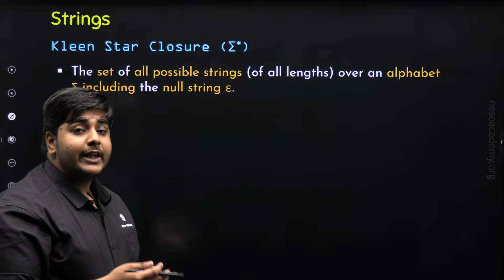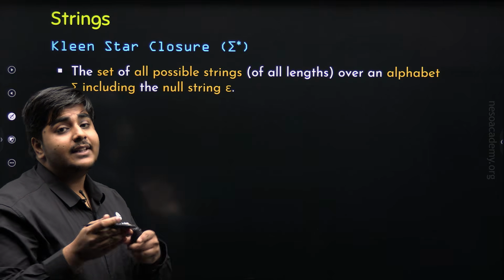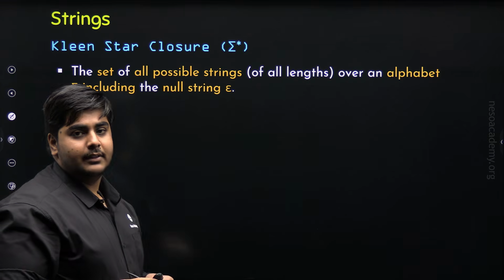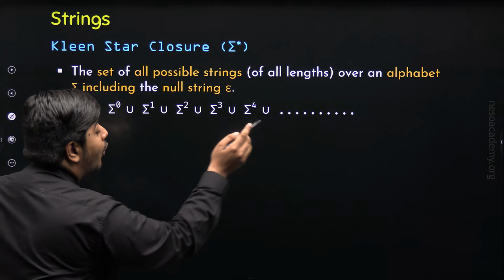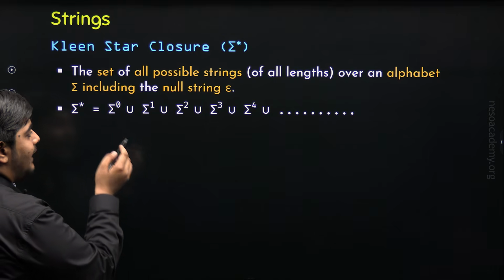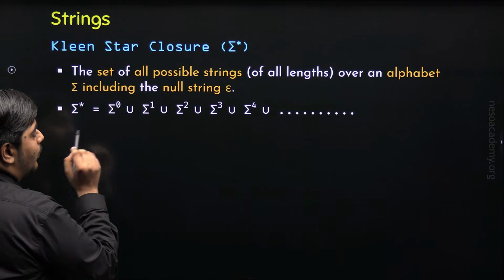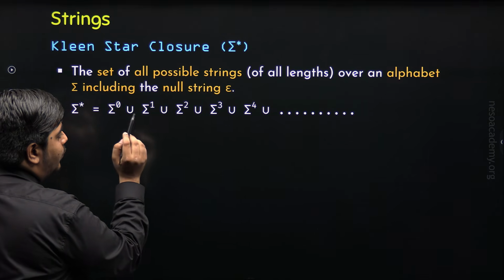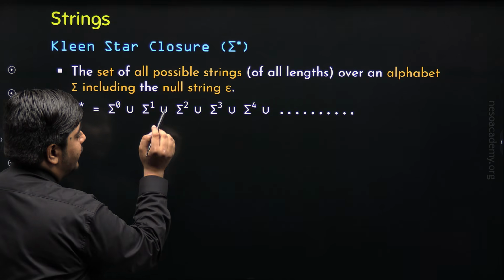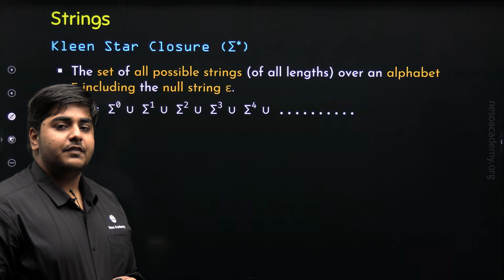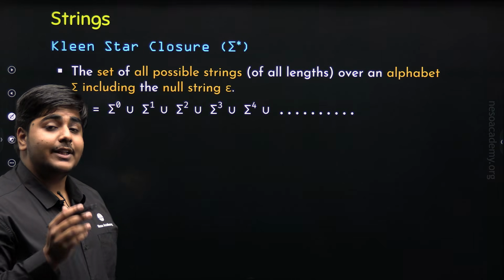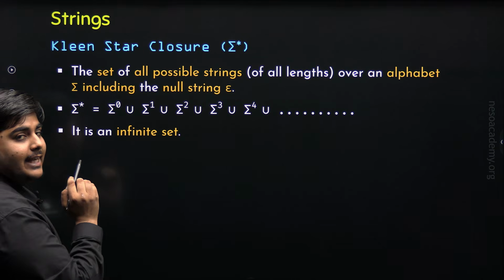That means we are also including the strings of length 0, that is epsilon. And Kleene star closure is equal to the union of all the powers of sigma, that is sigma to the power 0, union sigma to the power 1, union sigma to the power 2, and so on, up to sigma to the power infinity. And that is why it is going to be an infinite set.